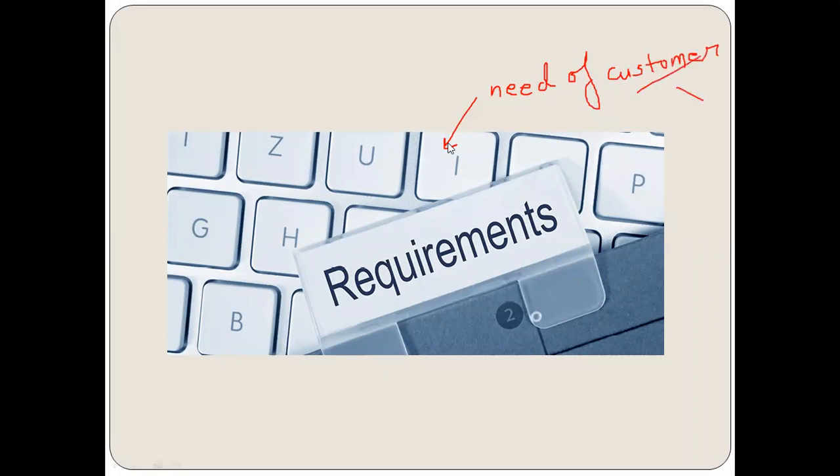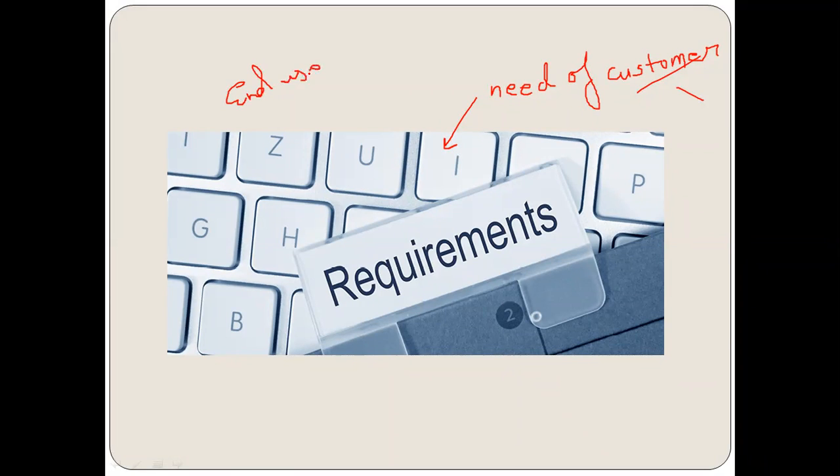Now, I have already told you the customer can be the end user, or the end user can be different. If the end user is different from the customer, the end user is the one who is going to interact with and operate the software.